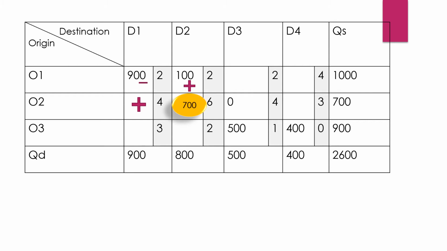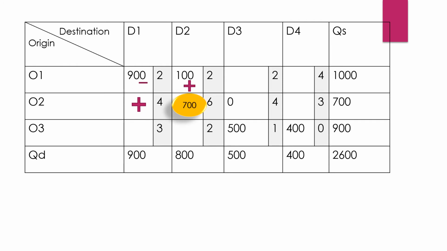Then if we add more quantity to the D2 O1 cell, the balance of the supply from the O1 origin will be unequal. Therefore, we have to reduce another quantity from this O1 D2 to equalize this supply.